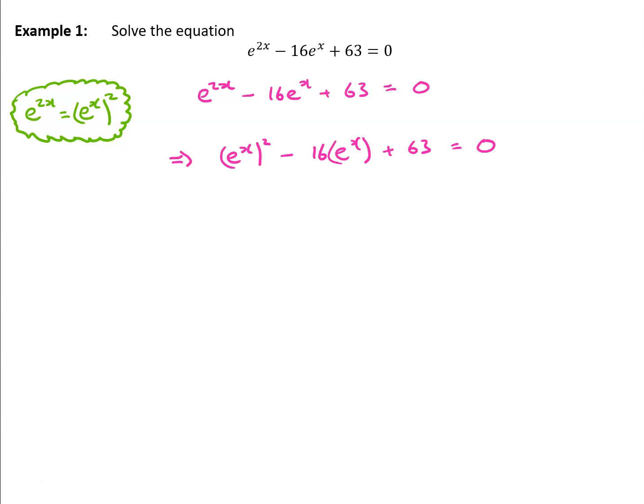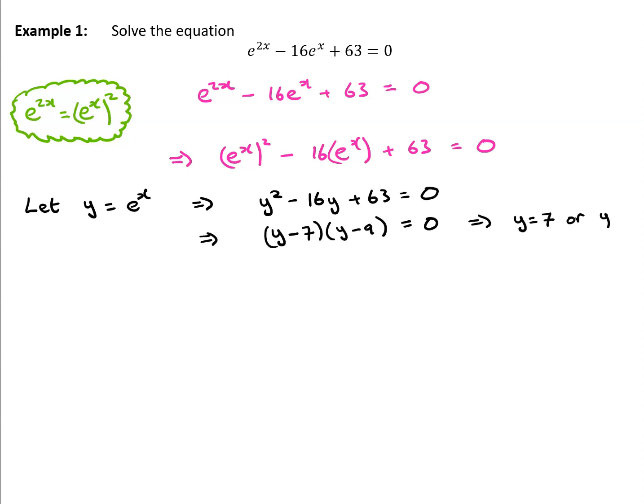If I write y = e^x, what I've got clearly is a quadratic equation, y² − 16y + 63 = 0, which factorises, or of course I could use my calculator to obtain the solutions y = 7 or y = 9.